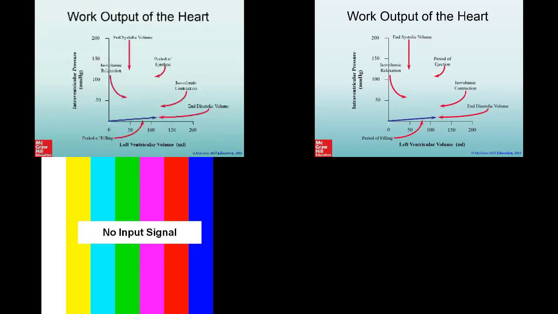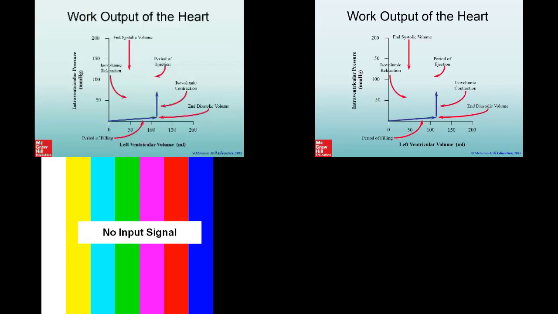At this point, the signal comes from the AV node for the ventricles. So the signal's coming from the AV node to tell the left ventricle to contract, right? And that's where you begin your period of isovolumic contraction. You're contracting, but no blood is leaving because the aortic semilunar valve is still closed.